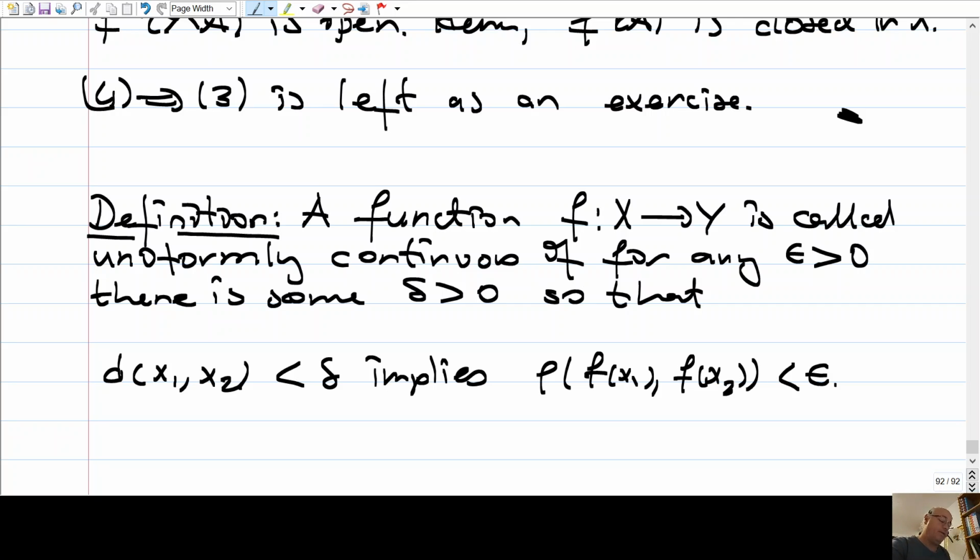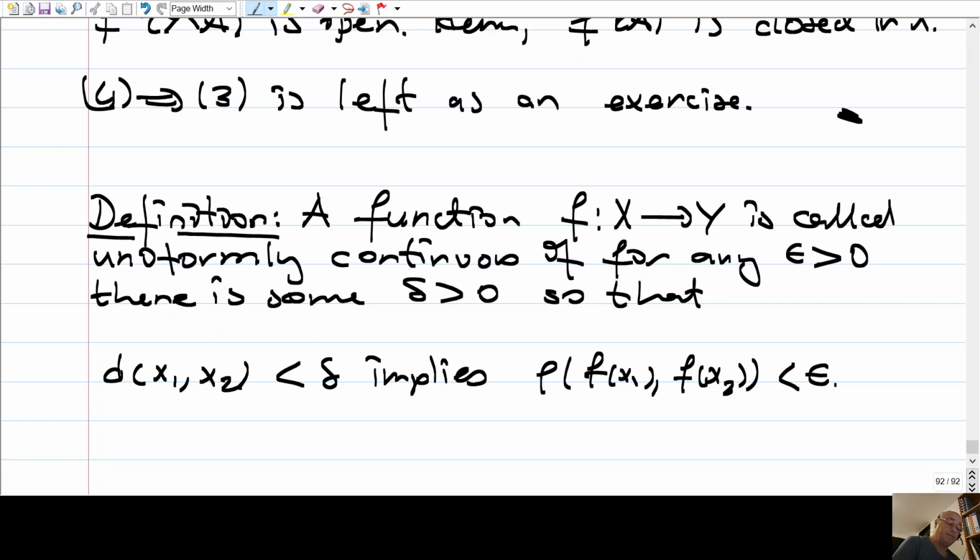In the previous definition, we first fix a point x and then we take an epsilon ball around f of x, and then I try to find a delta ball around x, that pre-chosen point, so that the delta ball around x is mapped inside the epsilon ball around f of x.